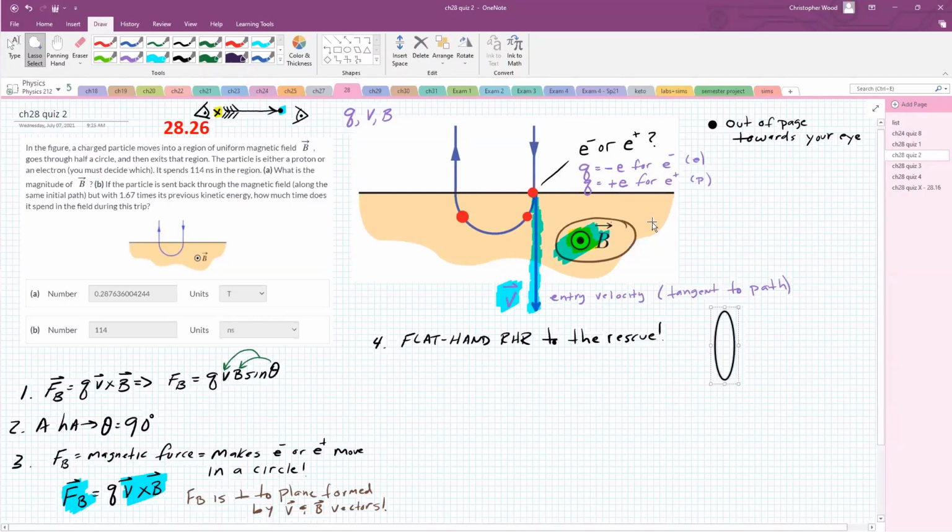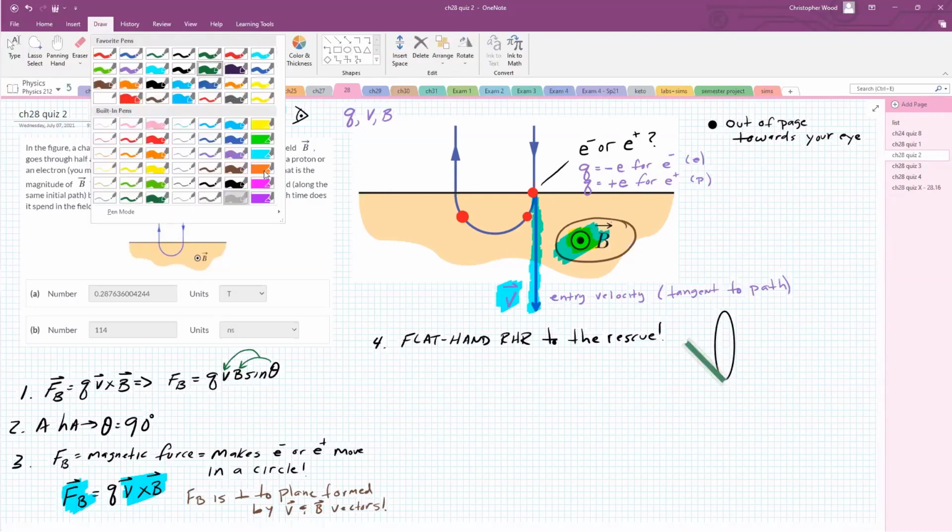And then your thumb might be coming out like this. Here's your thumb, and here are your four fingers.